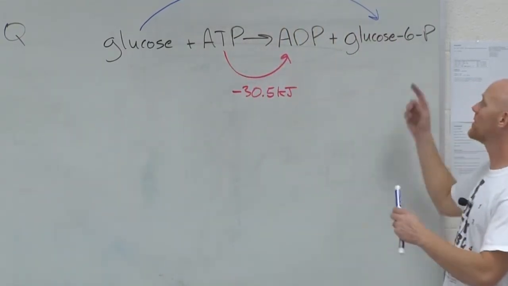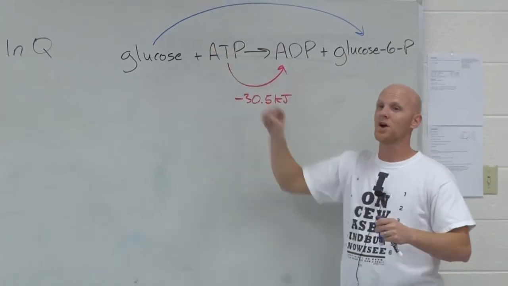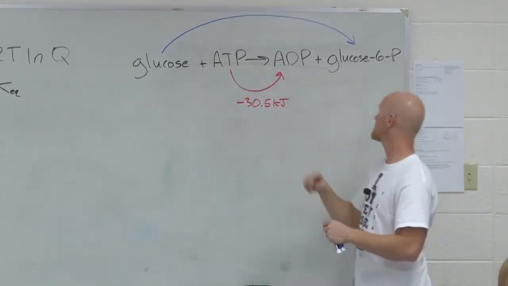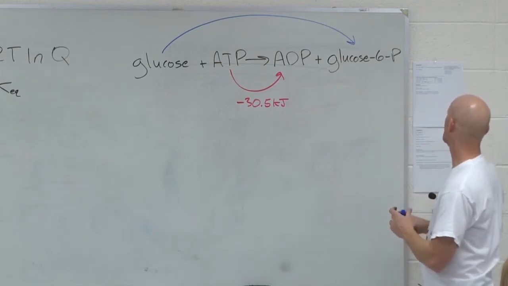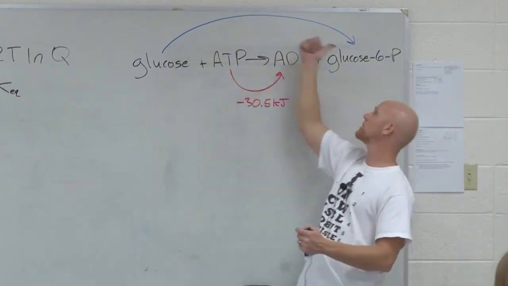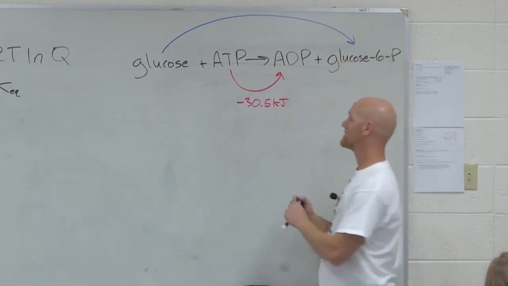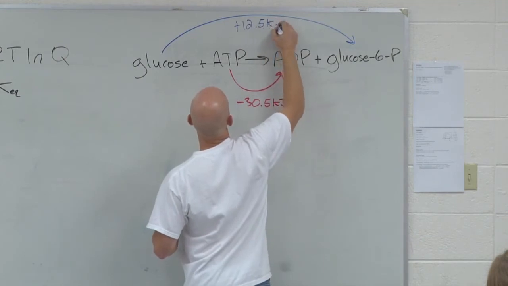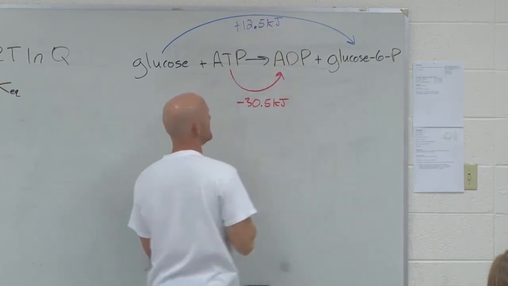It shows glucose 6-phosphate turning into glucose. What's the delta G listed for when glucose 6-phosphate turns into glucose? So negative 12.5. Then what would the delta G for glucose turning into glucose 6-phosphate be? Positive 12.5. Just backwards of what's on the table, so opposite sign.